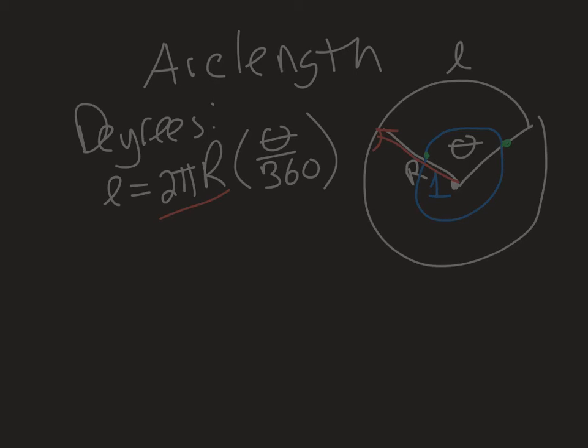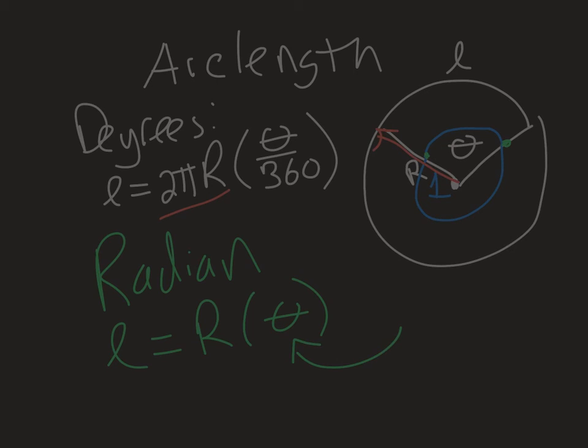So the idea behind a radian is that to find arc length, all I have to do is take my radius times whatever my angle is, because this is already an arc length of a unit circle. So all I have to do in this case is just scale it up to match whatever circle I'm talking about, or scale it down if we're talking about a circle with a radius of a half.